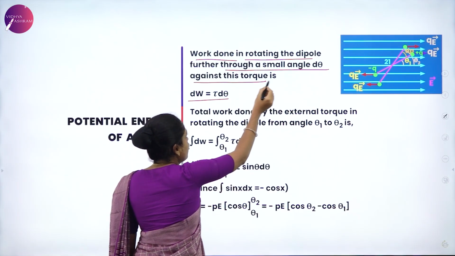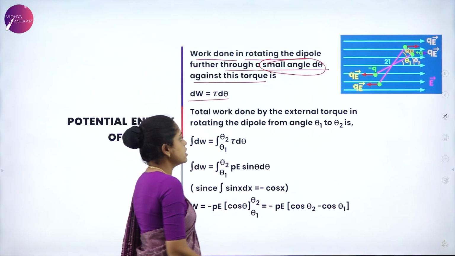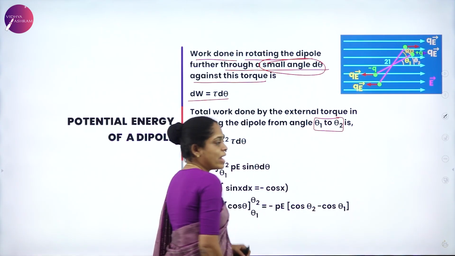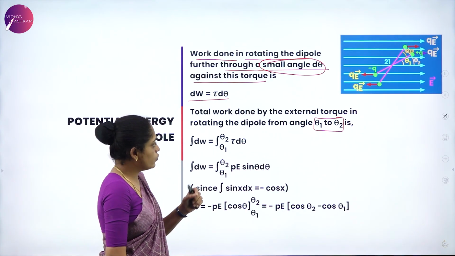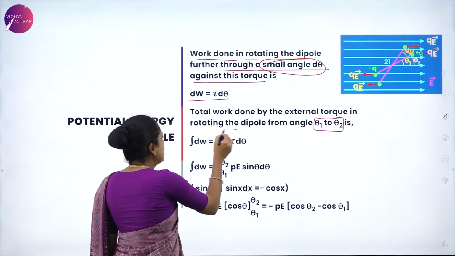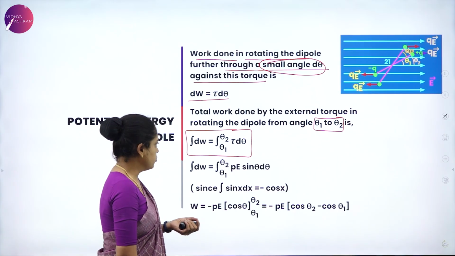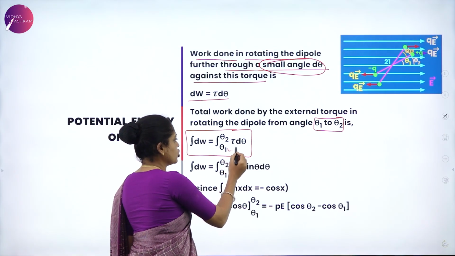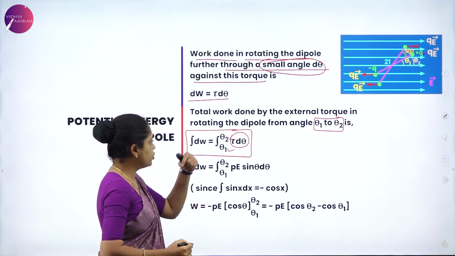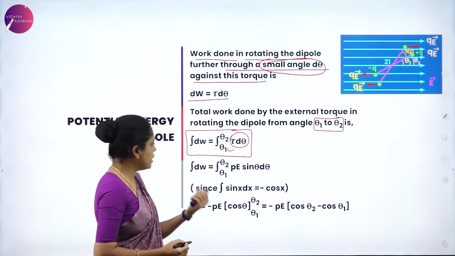And this is for a small angle, but if I rotate this dipole from angle theta 1 to theta 2, the total work done is given by integrating this dW, which is equal to integration of tau d theta from theta 1 to theta 2, where the positions are the limits.